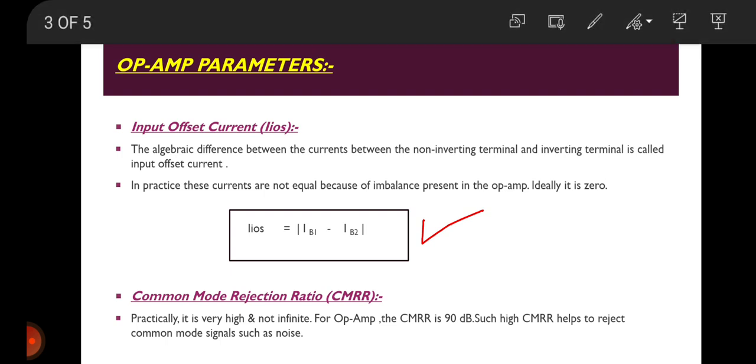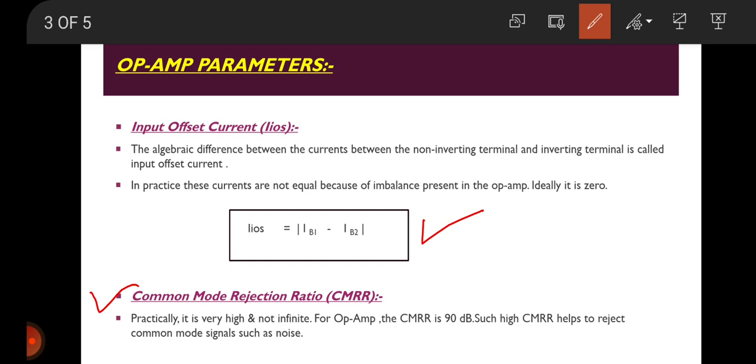Then next is CMRR, that is common mode rejection ratio. Ideally it is infinite, and practically it is very high.